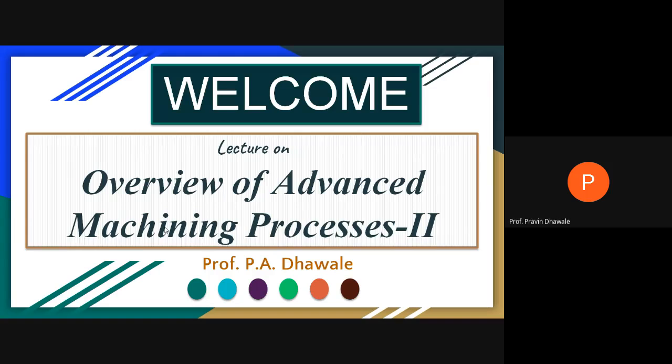The second chapter is completely based on non-conventional machining processes based on mechanical energy, where you have to study four types of machining processes: abrasive jet machining, abrasive water jet machining, and ultrasonic machining. Each machine you have to study in detail in the next chapter.